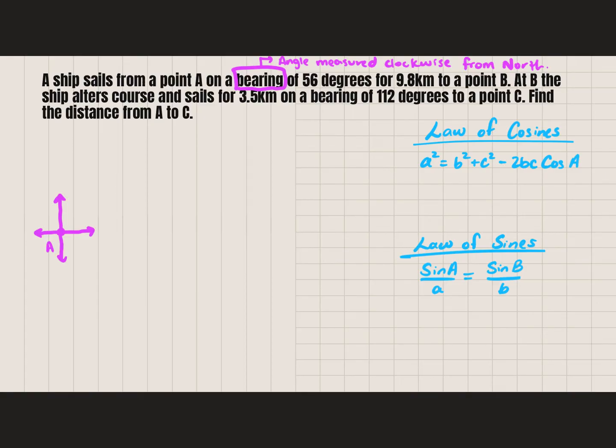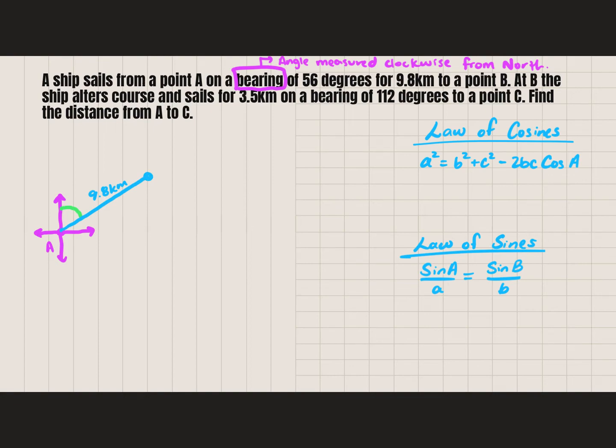So I'm going to go ahead, starting from north, I'm going to draw a little bit more than halfway. And I know my ship is then traveling in that direction for 9.8 kilometers before it hits point B. Okay?